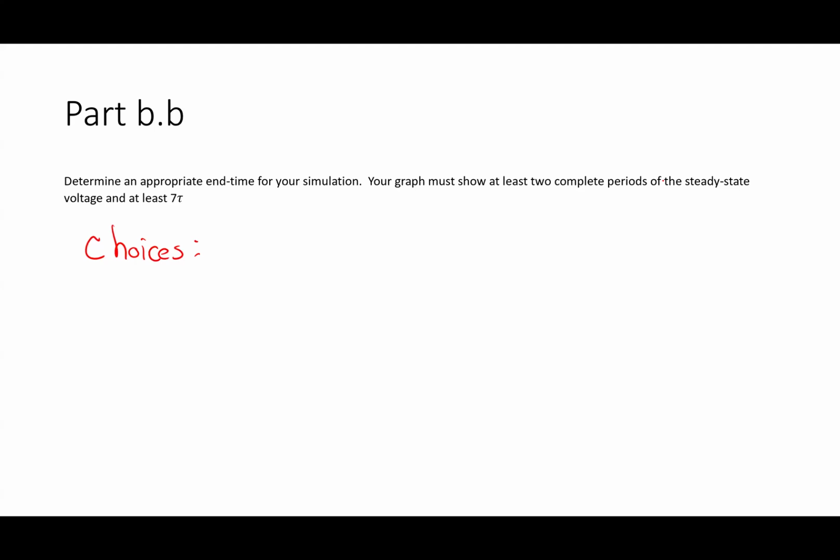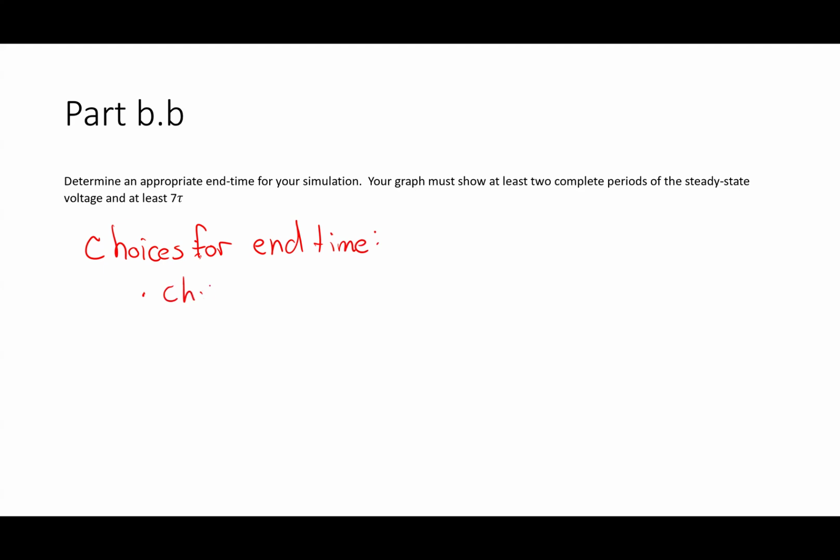In other words, I want to see both the 2 periods and 7 time constants, going a little past the 5 time constants. So my choices for end time.